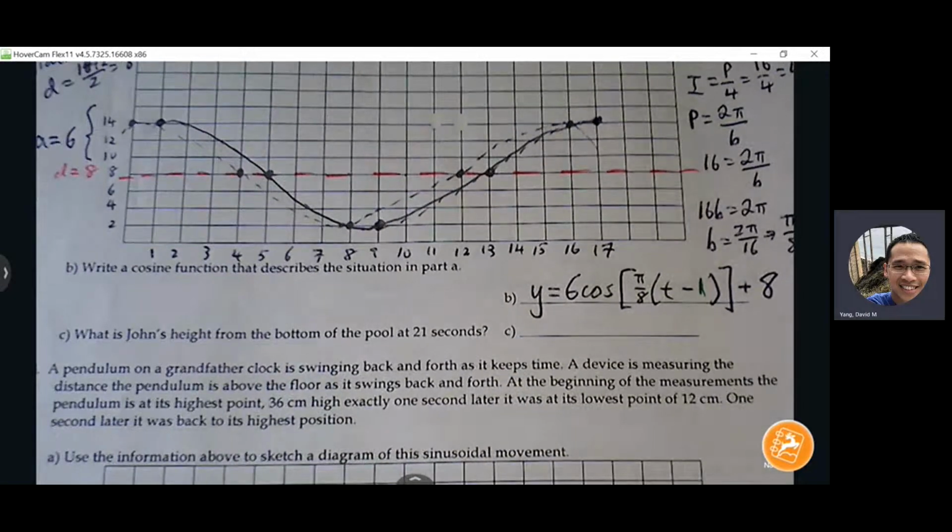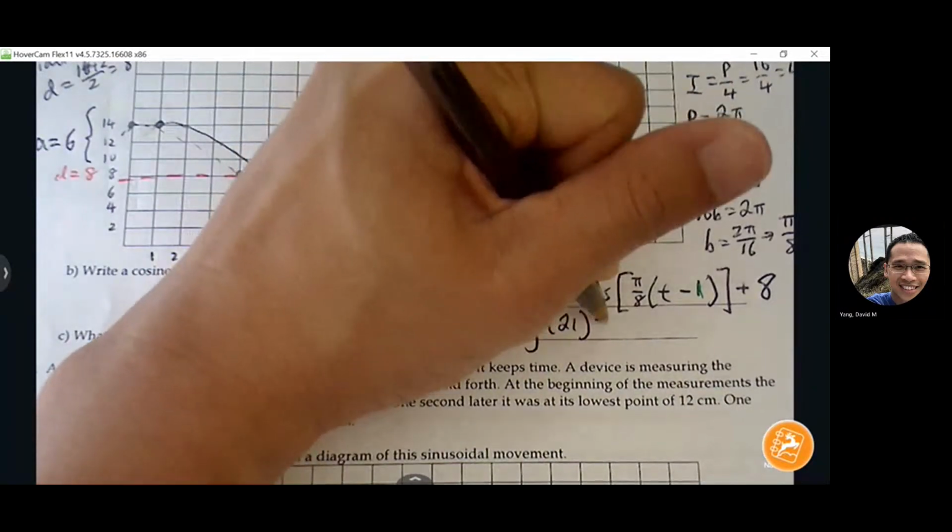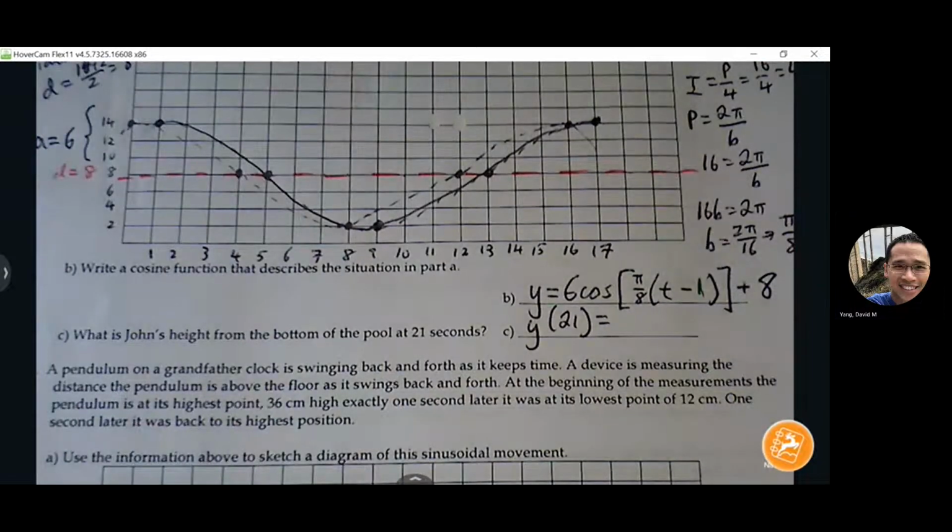So just insert 21 in for T. At 8 meters.